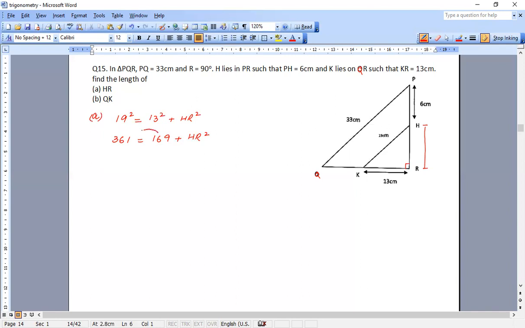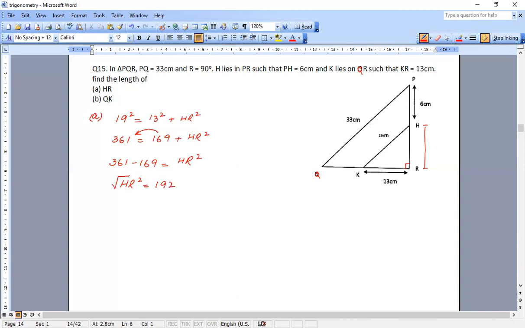I'll bring 169 over and subtract it from 361. 361 minus 169 is 192, so HR square is equal to 192.